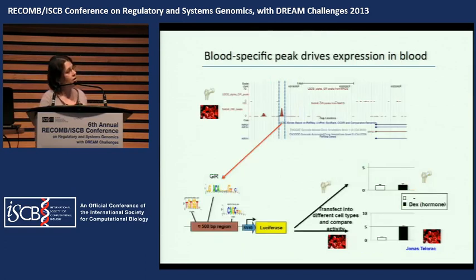In the lab, Jonas Telorak tested a peak that is specific to the blood cell line and integrated it into a luciferase reporter assay, and he showed that this construct only works if it's inserted into blood cells, and not if it's inserted into bone cells. So biologically speaking, those peaks are really cell-specific.